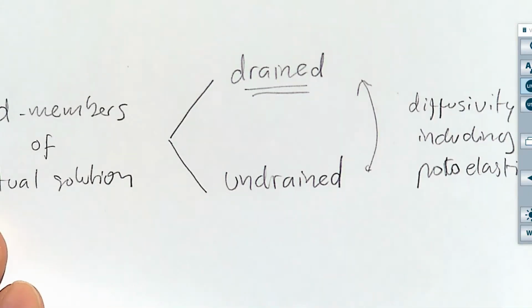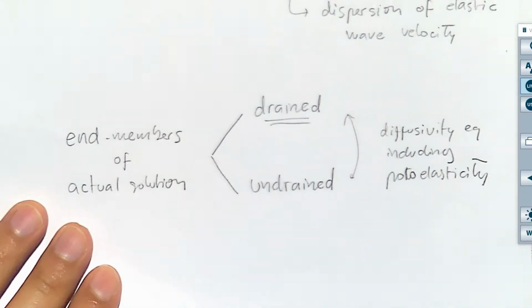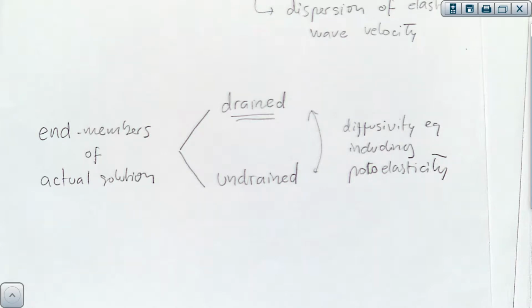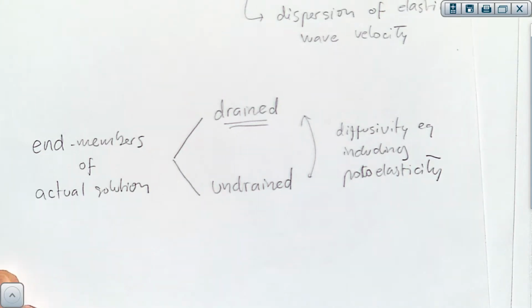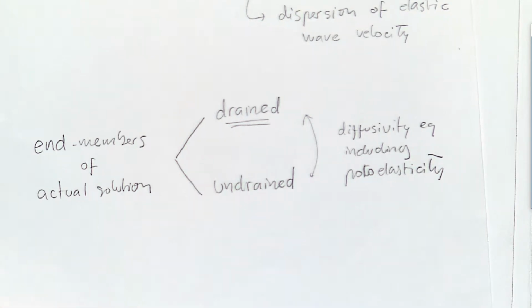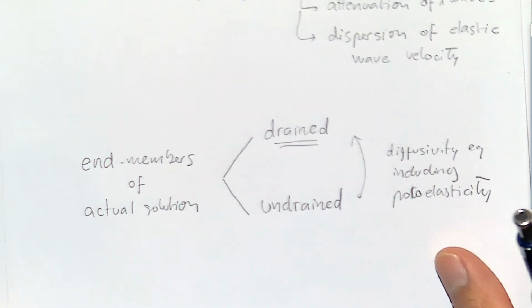Okay, so let's talk now about a problem of drained poroelasticity. If you remember, we said that we have solutions that could be drained or undrained, and we'll start now with a drained problem, assuming that the pore pressure dissipates and it does not cause additional deformations to the solid.